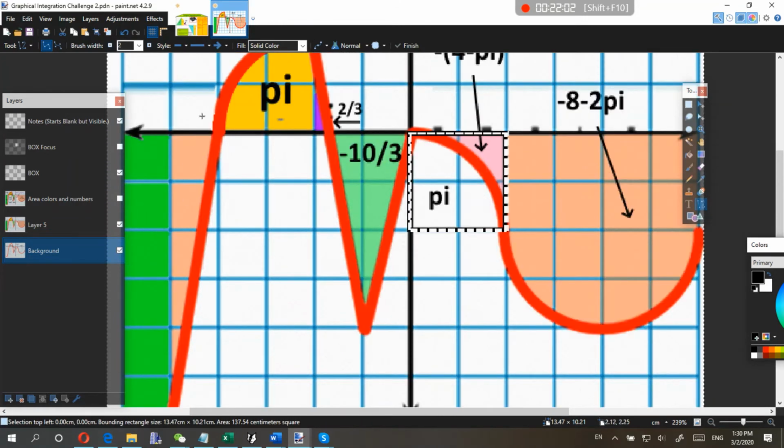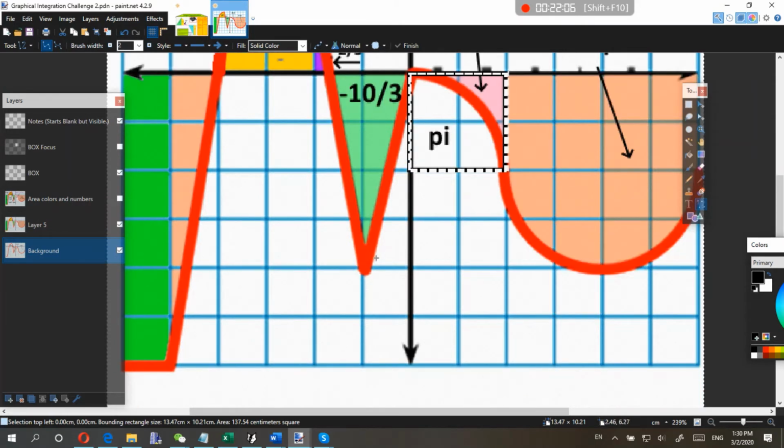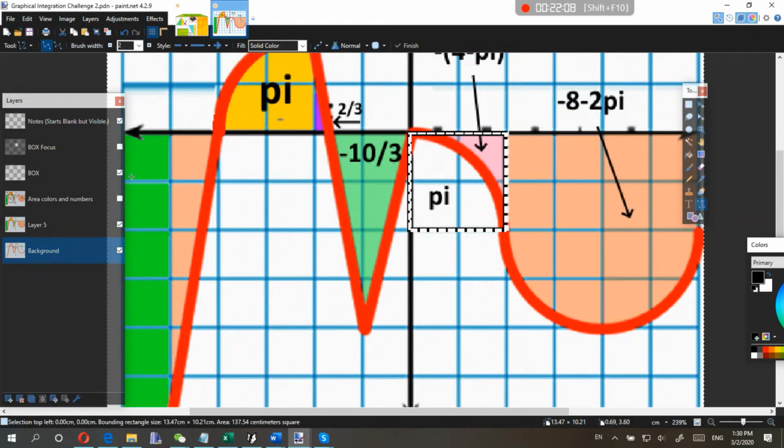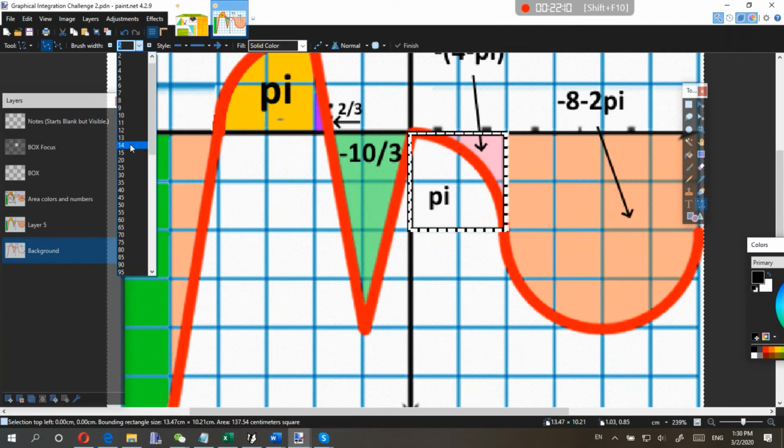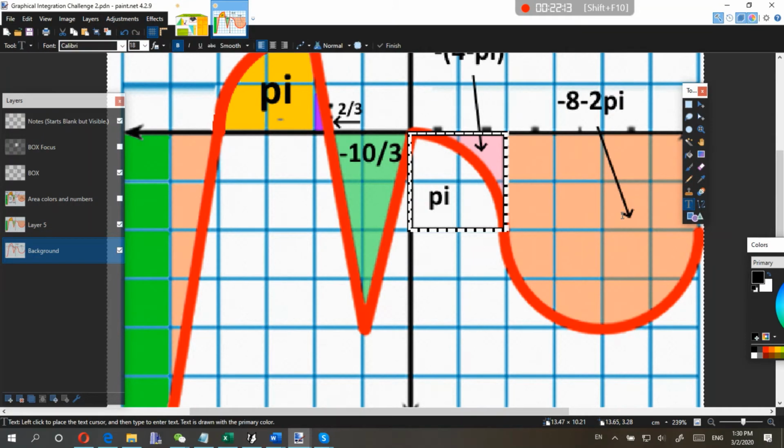Okay, then a normal triangle and a normal rectangle. So this normal rectangle is 6 units. And that is negative because we're underneath the curve.